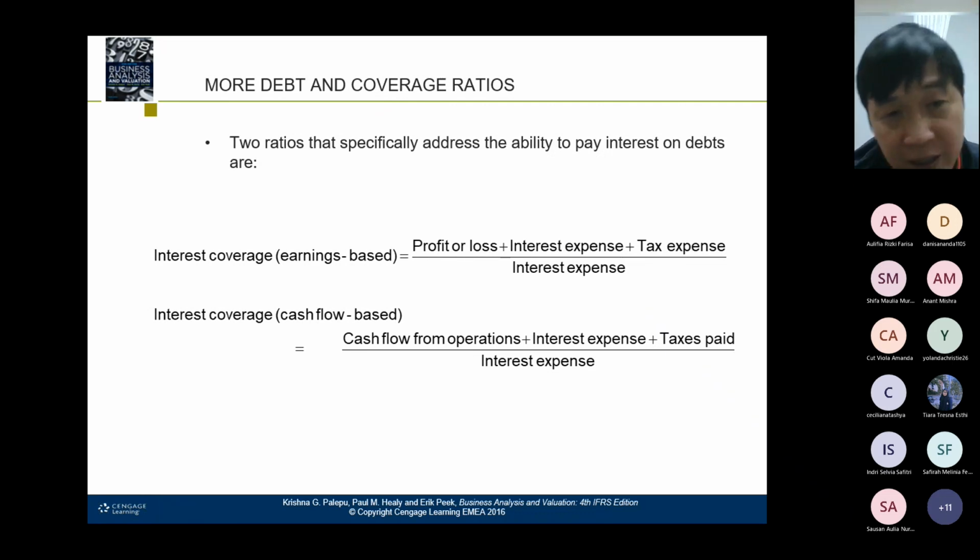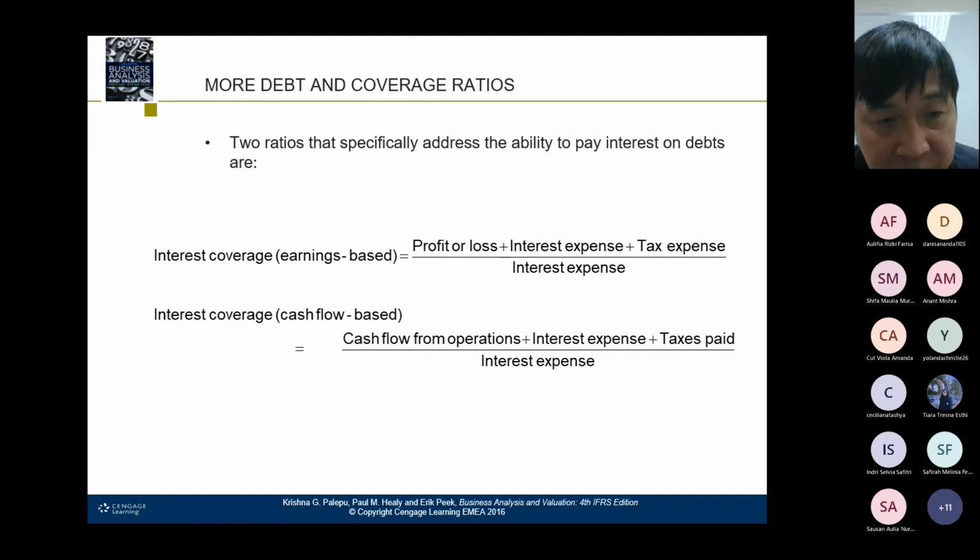Two ratios specifically address the ability to pay the interest on debt. First one, interest coverage, which is earnings based. The numerator includes profit or loss plus interest expenses plus tax expenses.